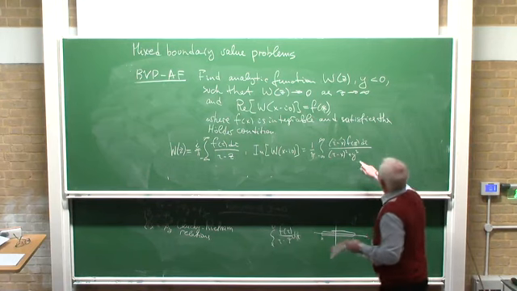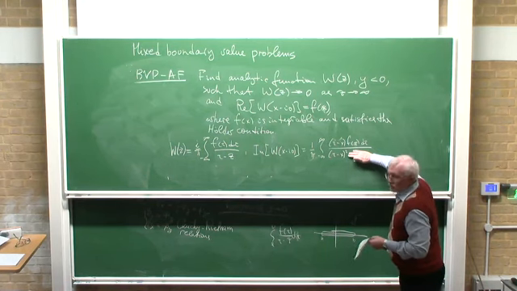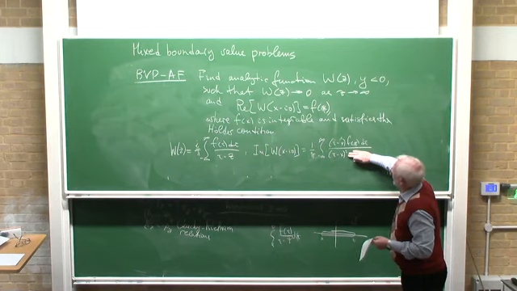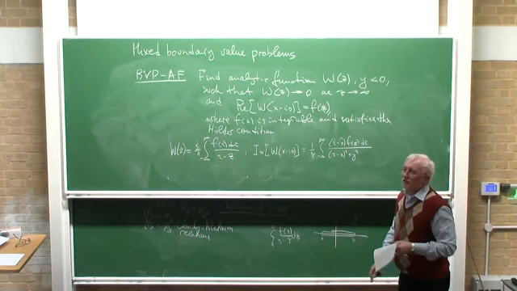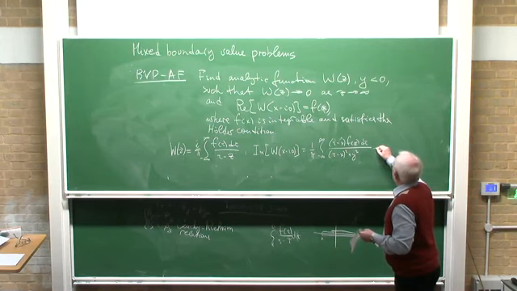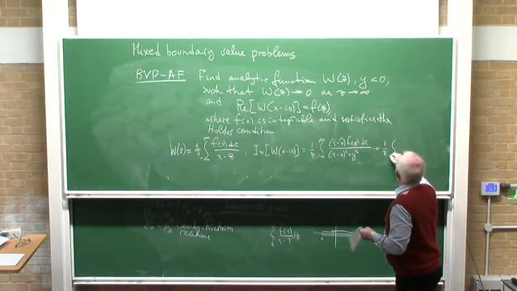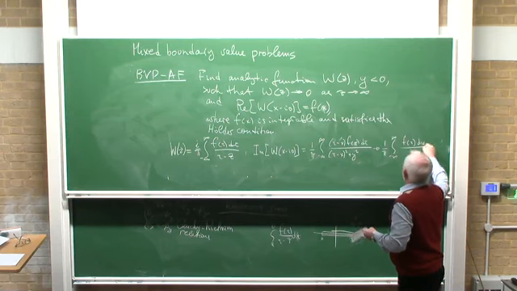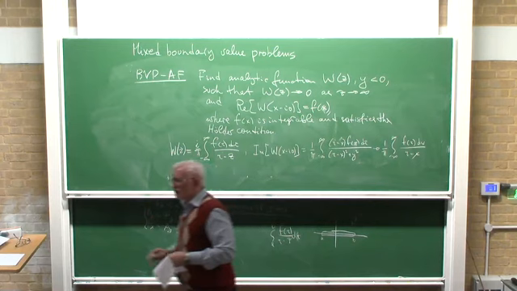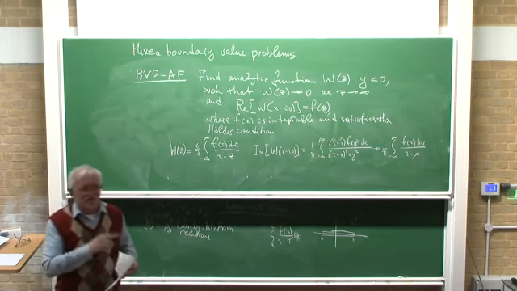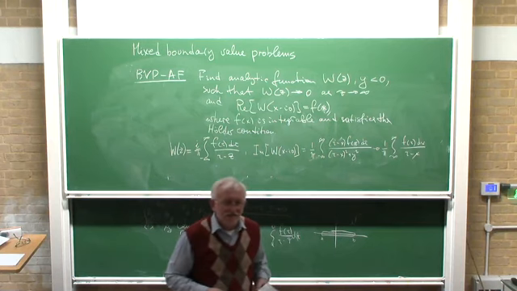Again, if y tends to 0, we can just divide one by another, and there will be tau minus x. So it tends to 1 over pi times the integral. It is not good to write it like this, because this integral doesn't exist.